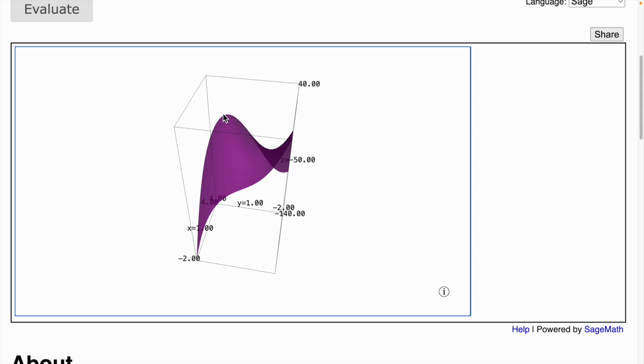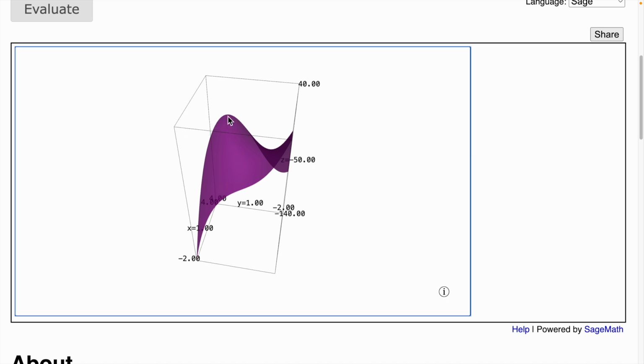That's something that does not happen at the maximum, right? At the maximum, all the values of the points around the maximum will be lower. So if we take any point in a neighborhood, the values will always be less.